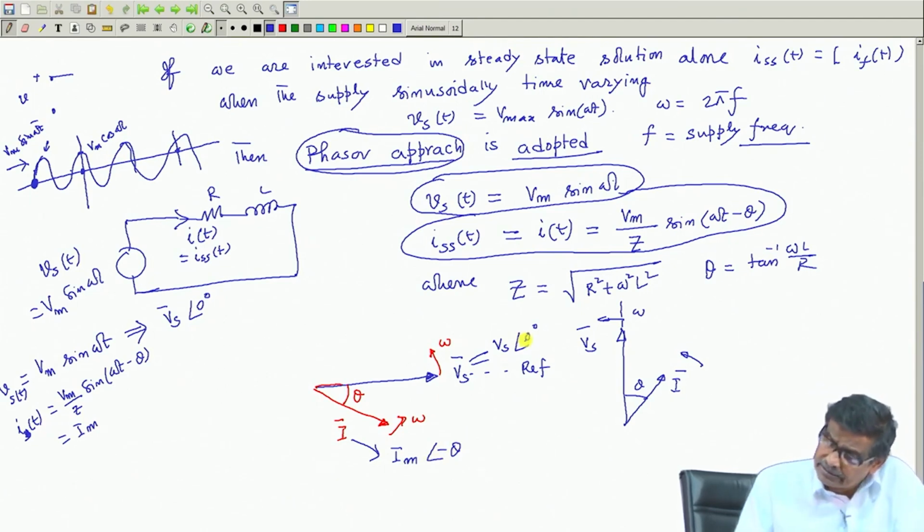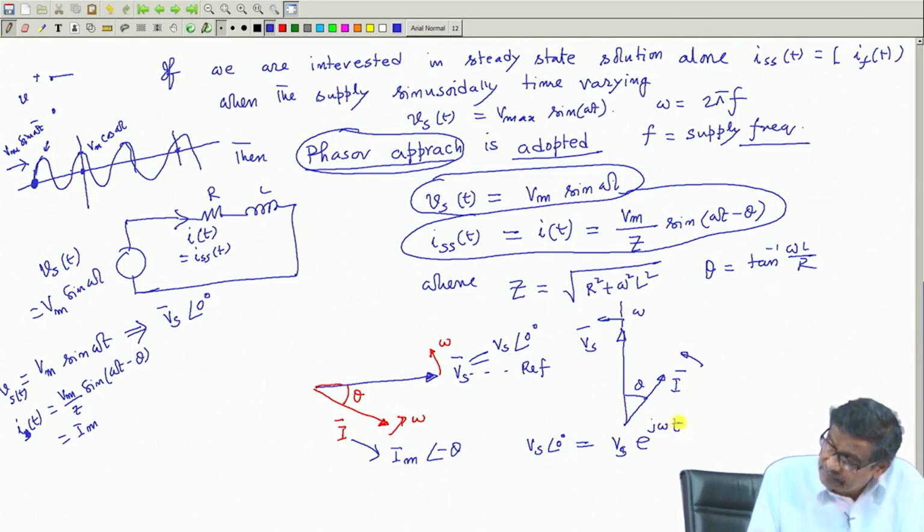Now, remember this Vs angle 0 degree is essentially, in the complex domain, Vs into e to the power j omega t.